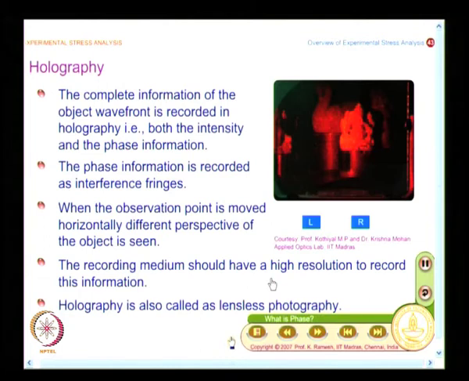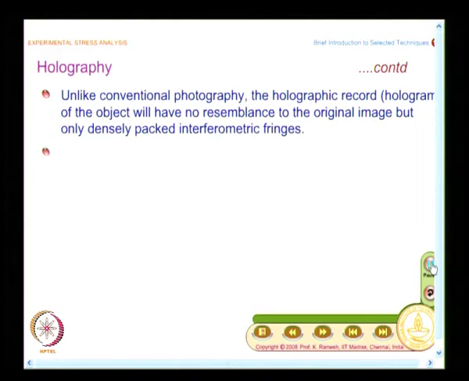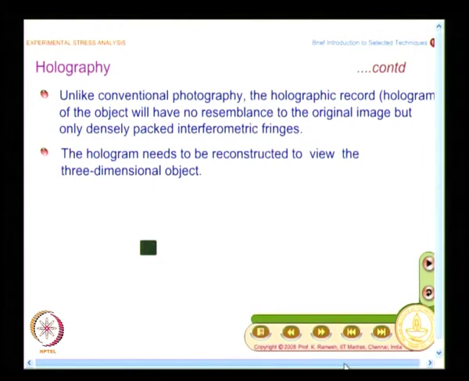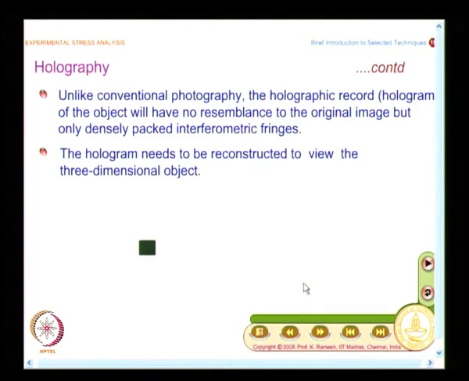And now we will get into how this works. What we find here is, in the case of conventional photography, you look at the negative and you are able to make out what is recorded on it. But the holographic record of the object will have no resemblance to the original image, only densely packed interferometric fringes. Suppose somebody gives you a hologram, you will not know what it is unless you reconstruct it.